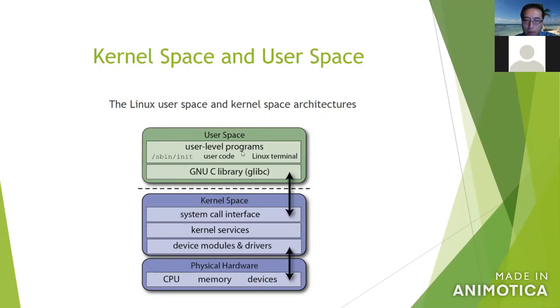So user programs, like I've said, cannot directly communicate with the physical hardware. It has to go through the kernel space. So the kernel space basically works as a service system to serve the user space.